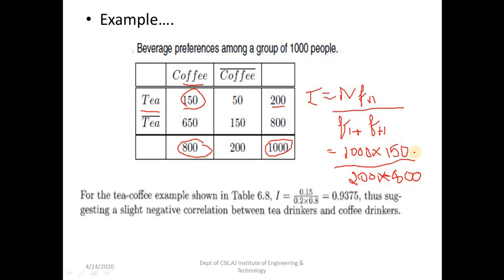If you simplify this and cancel all the zeros, you will get 15 by 16, which is equal to 0.9375.